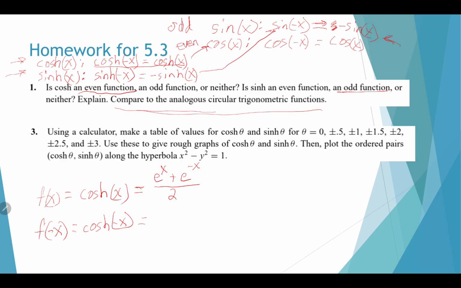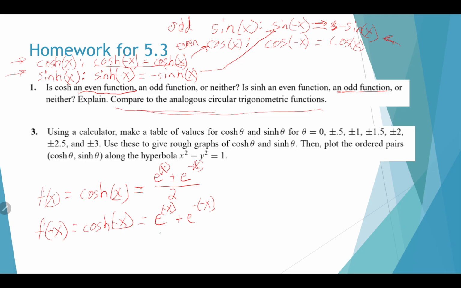All right. So that means I'm going to replace x with negative x. So e to the negative x plus e to the negative x. Right, I only replace the x. Right, only replace the x.